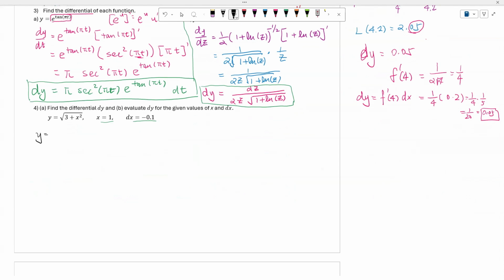I have y equal to 3 plus x squared raised to the power of 1/2, and dy dx is 1/2 times 3 plus x squared raised to the power of negative 1/2. And then I take the derivative of the inner function, which is 2x.